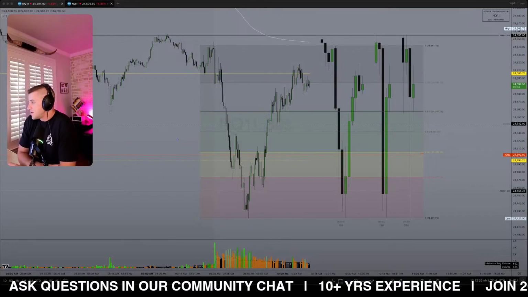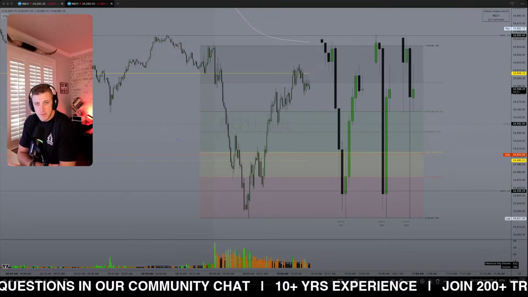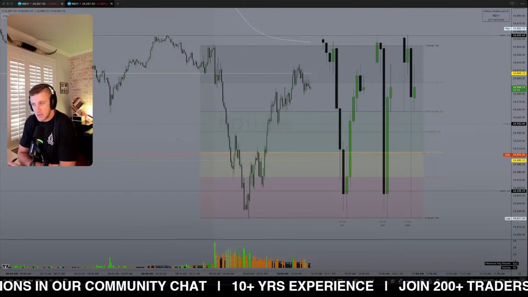NQ slowing down a bit, just consolidating here near the 600.